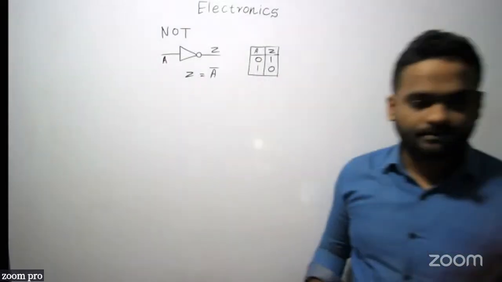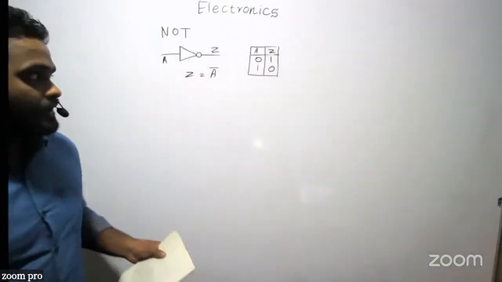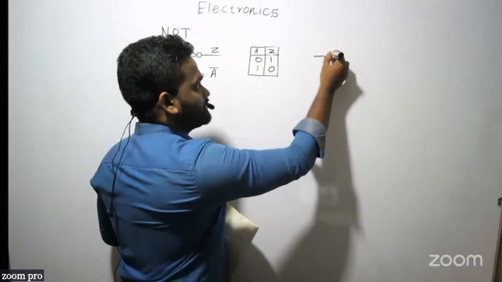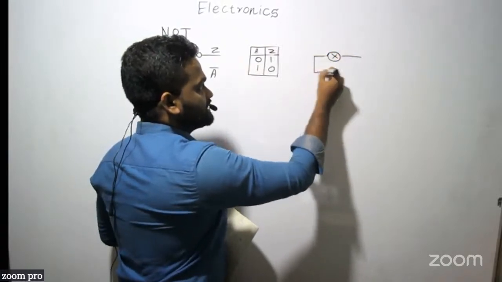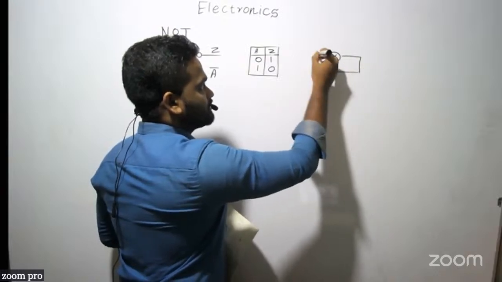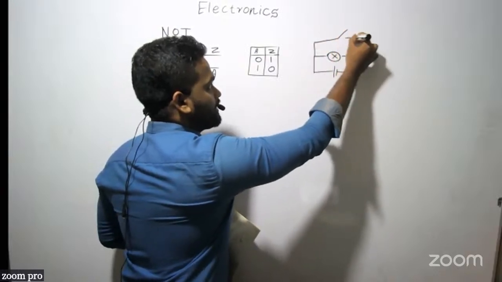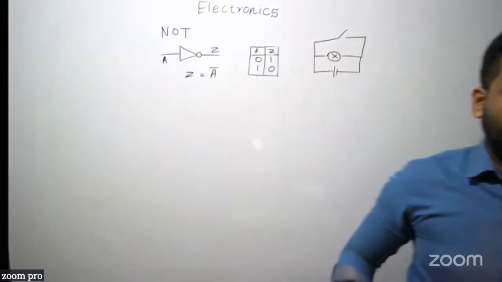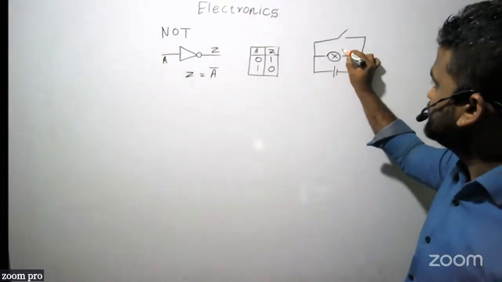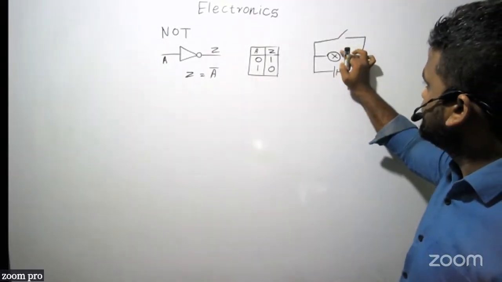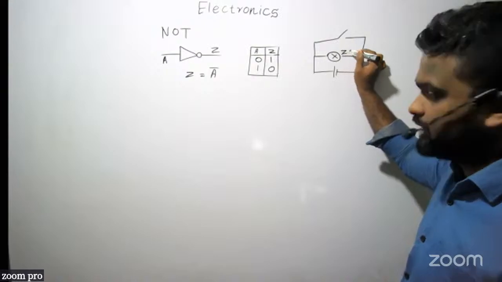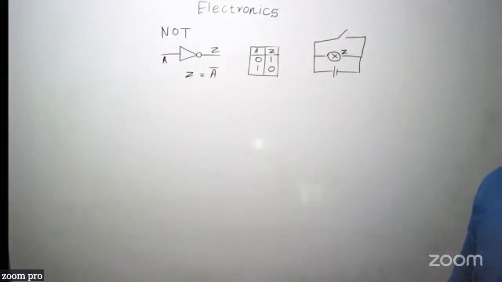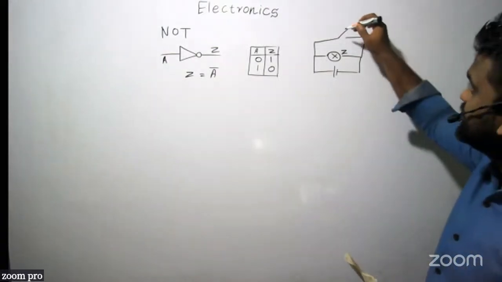Take it down, okay? Then we can think about an equivalent circuit for this. Here we have a bulb, and let's say this is the output, given as Z. A is the input.